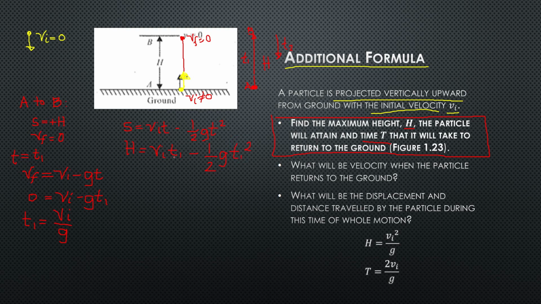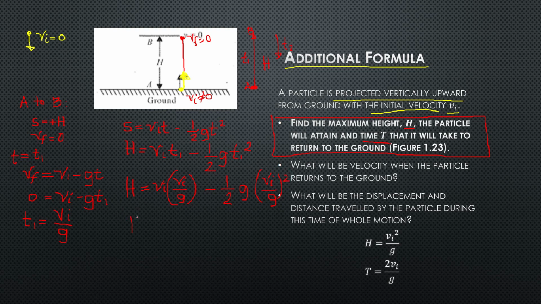But t1 has a value of vi over g, so the maximum height will be equal to initial velocity multiplied by vi over g, minus 1/2 acceleration due to gravity times vi over g, squared.